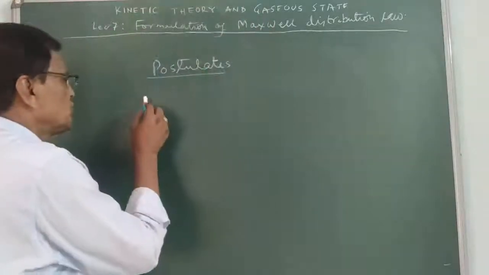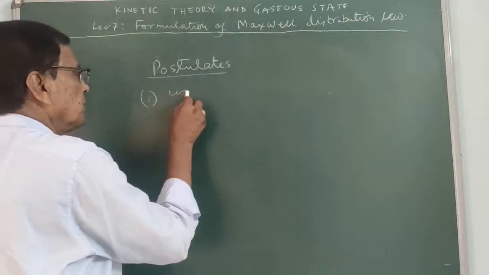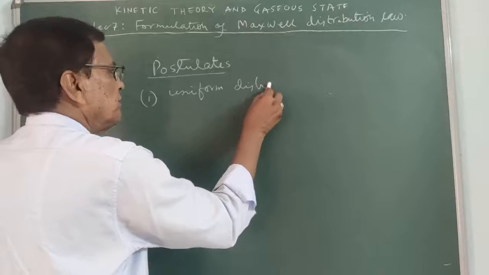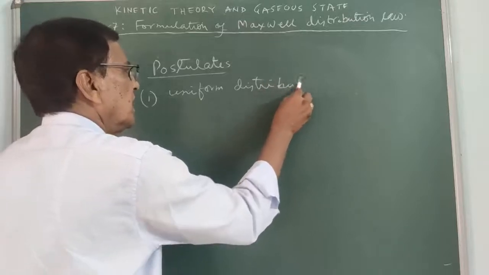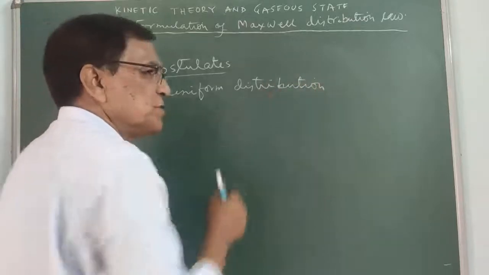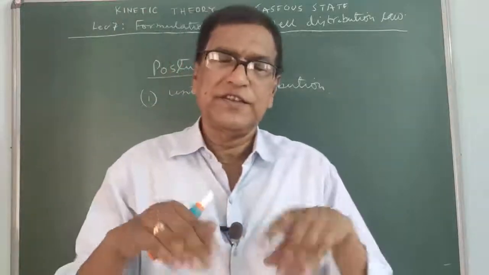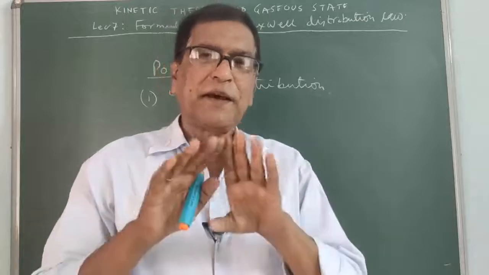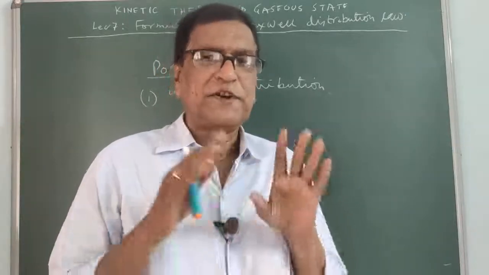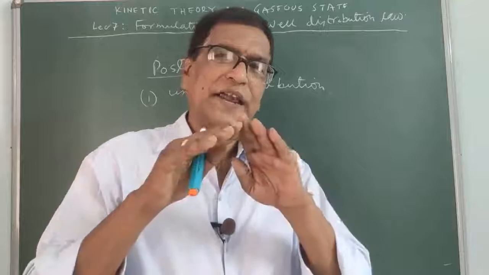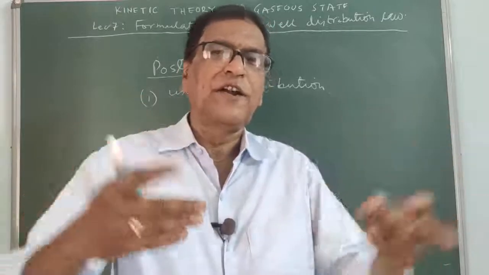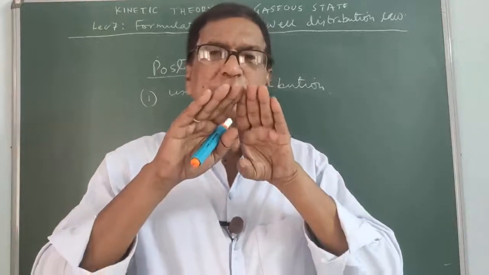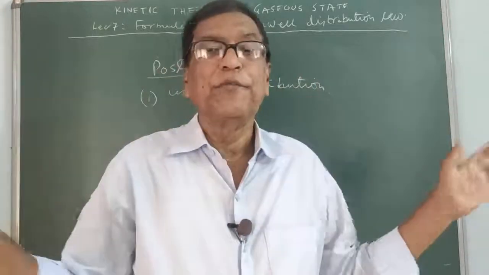And first postulate, the uniform distribution of this molecule in this container. It means that the number density of this molecule at every point within the container will be the same. Means the distribution should be totally uniform.